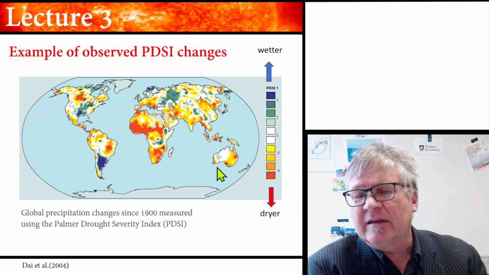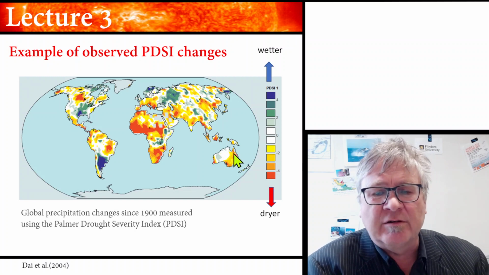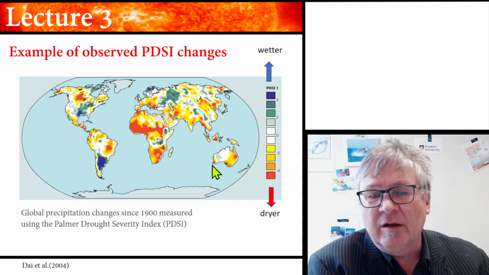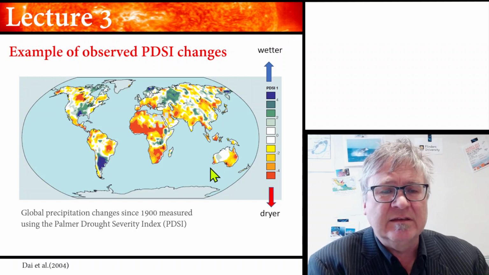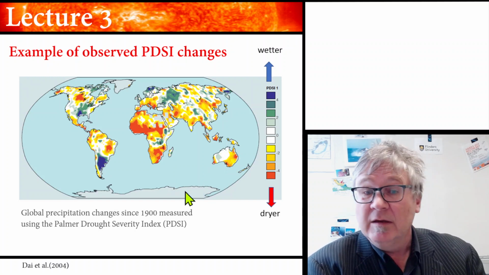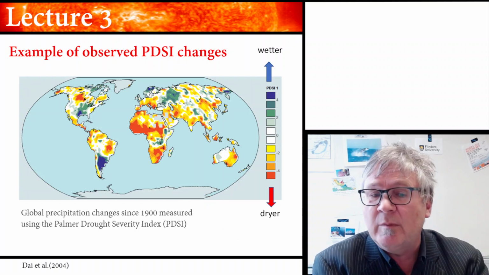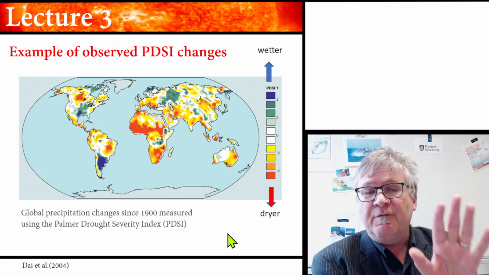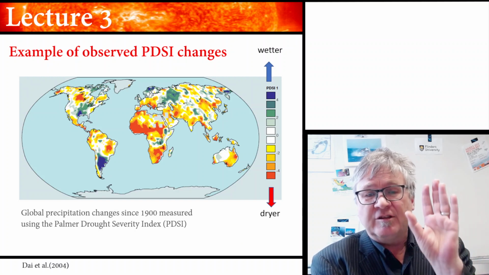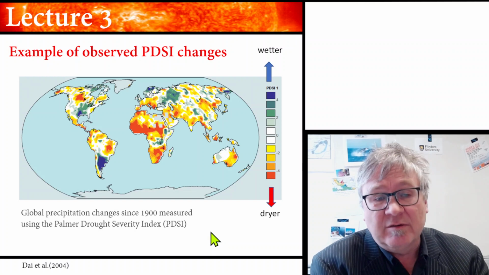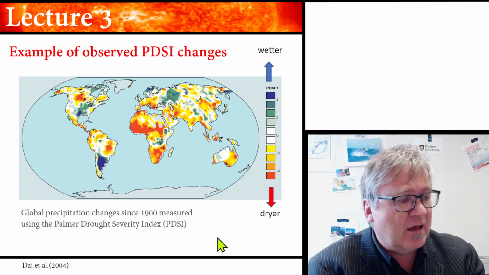You can also see identified drought areas in Australia, including the Perth region in this index. Okay, so this methodology is extremely important to infer changes in precipitation, essentially. This is what it comes down to.